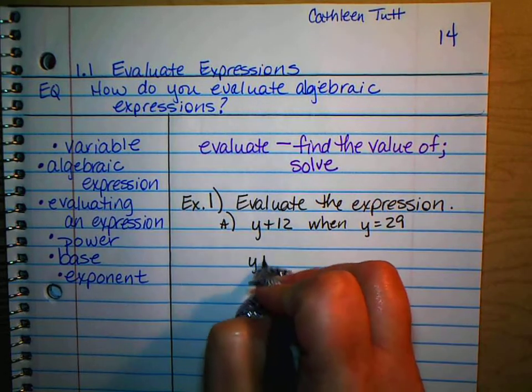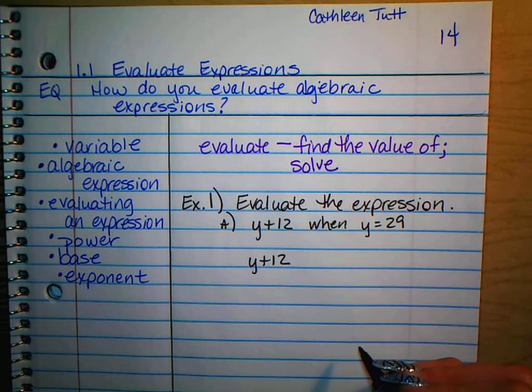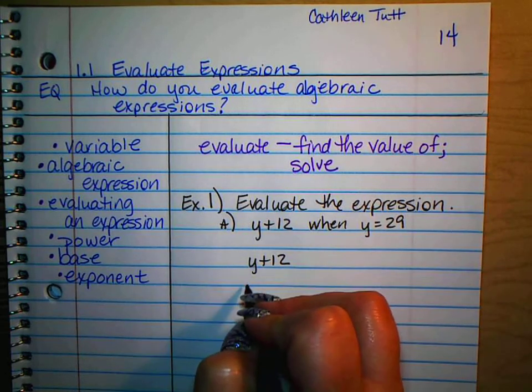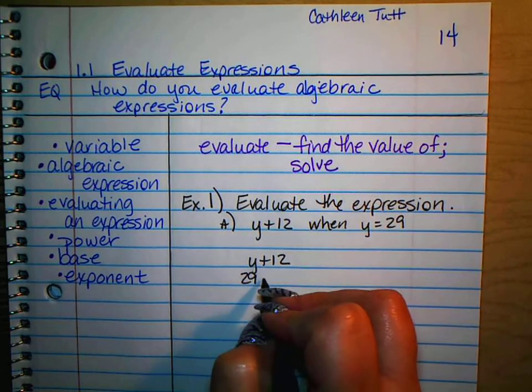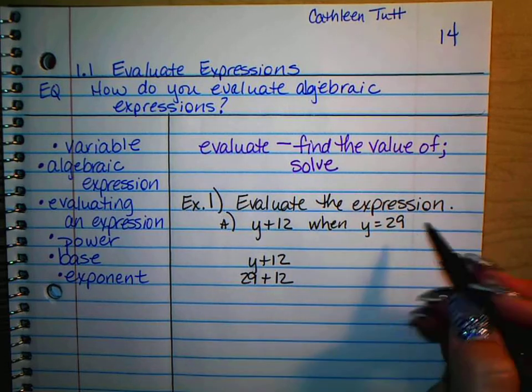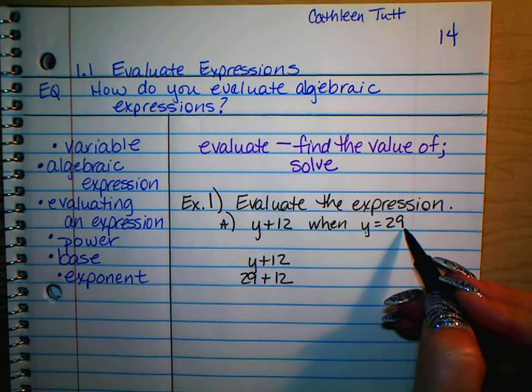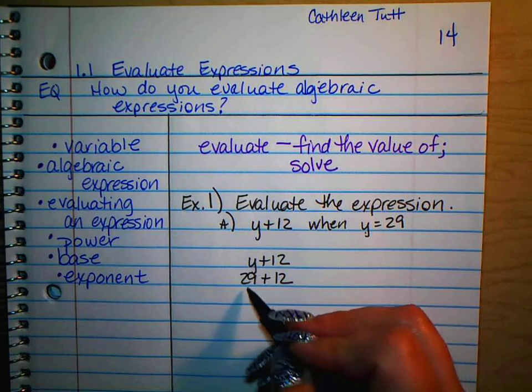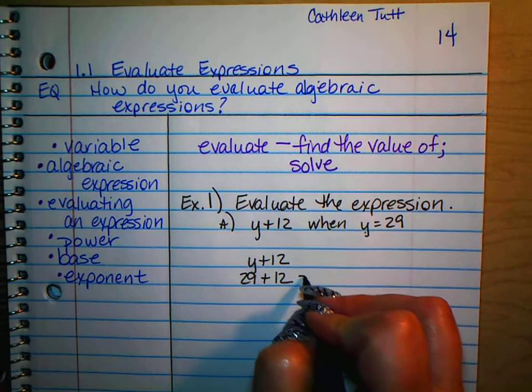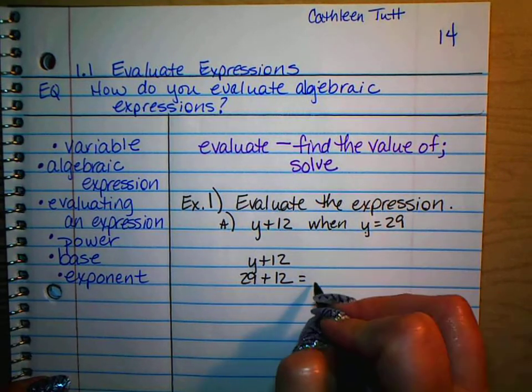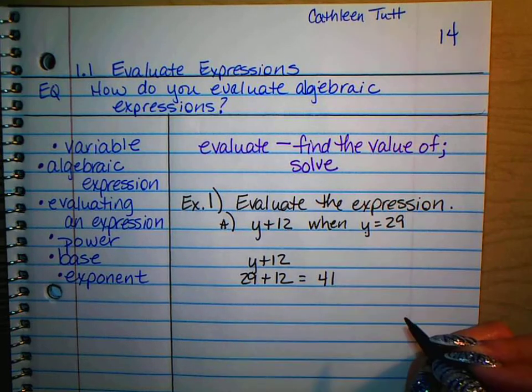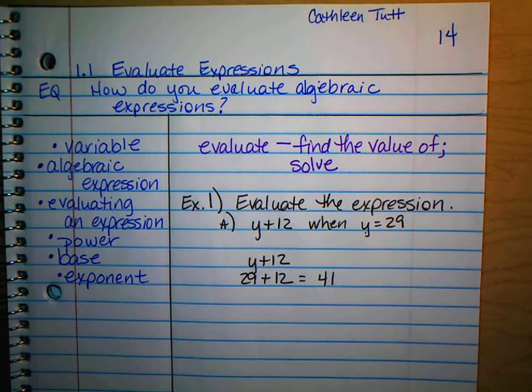Very simply, you're going to write your expression down and then substitute the value in for y. Here we have y equals 29. I put that in place of y, so 29 plus 12. And then I can work it out. And this is 41. Now this is where you might want to use a calculator.